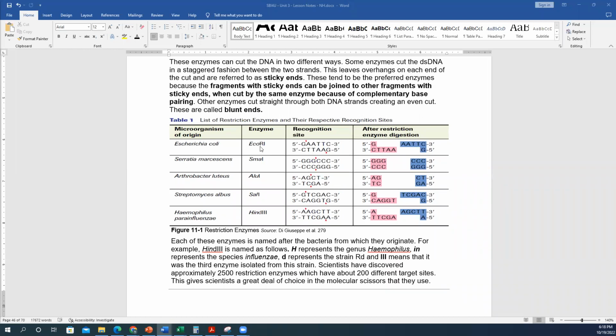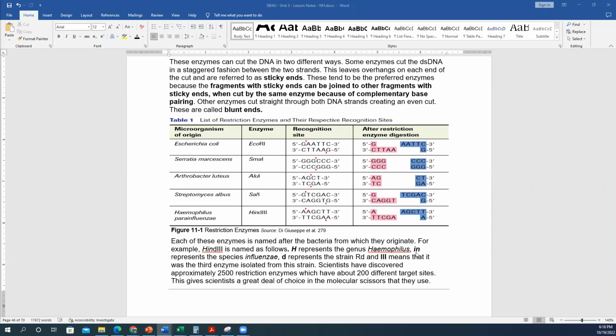If you look at the name of each one of these, you'll notice the enzyme is partially named after the bacterium from which it originates. For example, HindIII is named after Haemophilus influenzae. The H represents the genus Haemophilus.